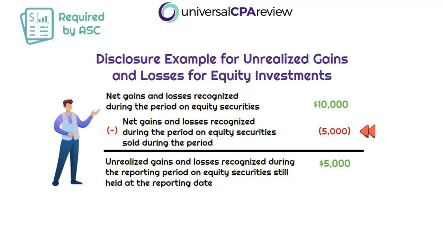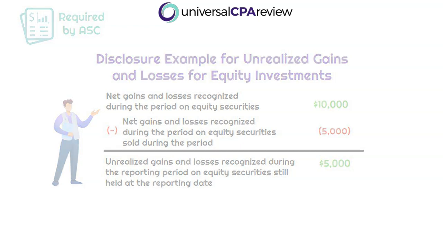Again, a bit wordy, but let's say it's $5,000. Then we'd be left with unrealized gains and losses recognized during the reporting period on equity securities still held at the reporting date, right? So we're still holding these equity securities. We've recognized some unrealized gains and losses in our income statement, and this is all we really need to disclose, right? Basically, financial statement readers, they want to know that if we're still holding some of these investments, have they increased or decreased in fair value on an unrealized basis, right?